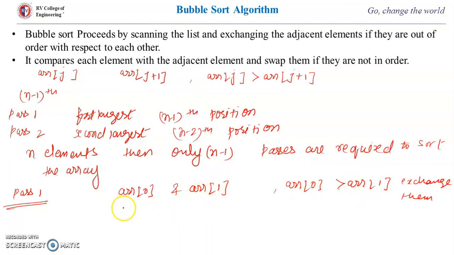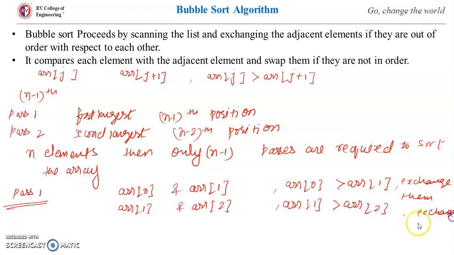Similarly, next array[1] and array[2] will be compared, and if array[1] is greater than array[2], again exchange them. Then array[2] and array[3].